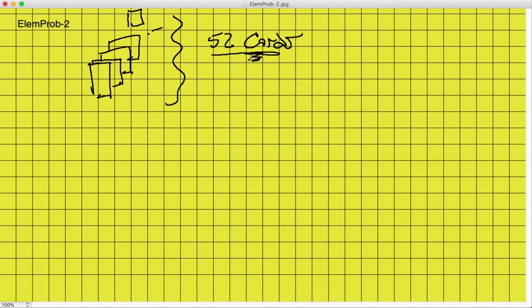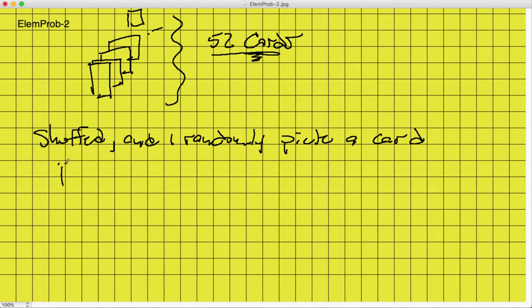I want to consider that I've shuffled these cards and I randomly pick a card. And I ask the question, what is the probability that it's the ace of hearts?